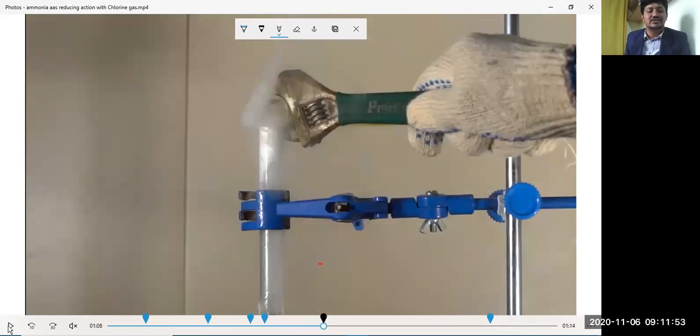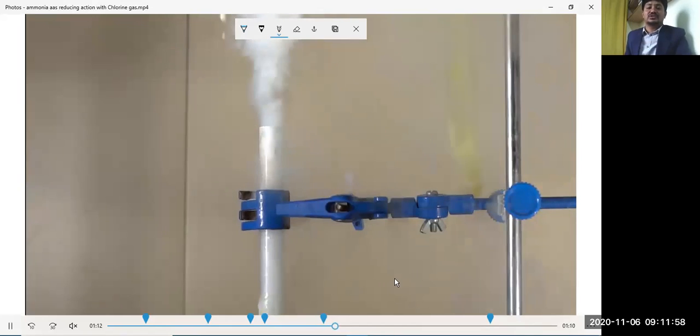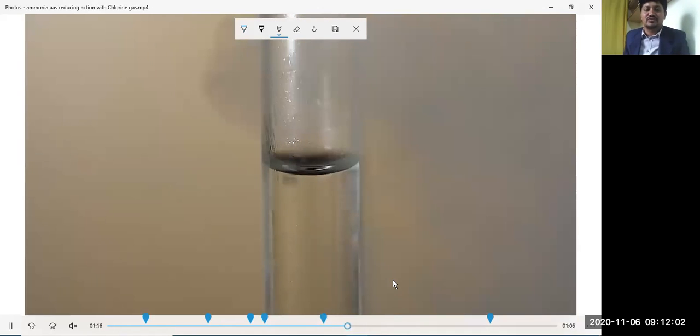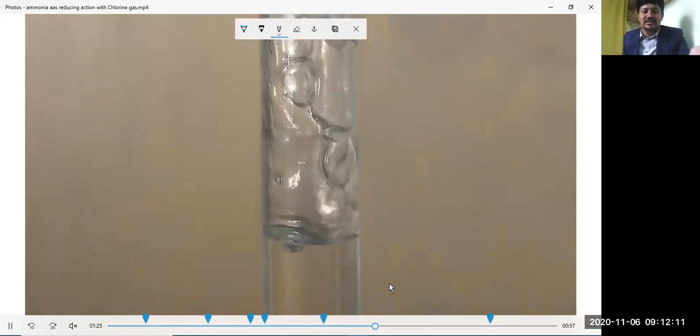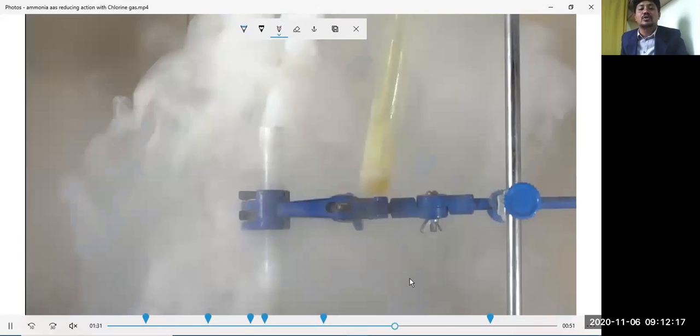What happens when we take excess of chlorine with the ammonia? What type of products do we get? Look here. We are adding excess of chlorine to the ammonia. It undergoes a highly exothermic reaction and produces nitrogen trichloride liquid.